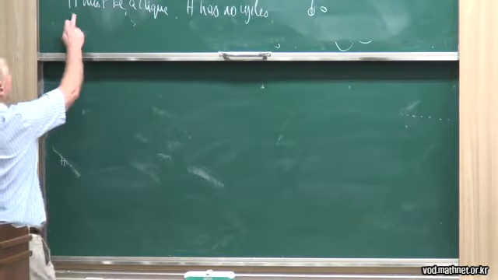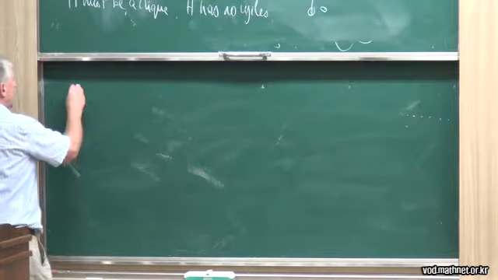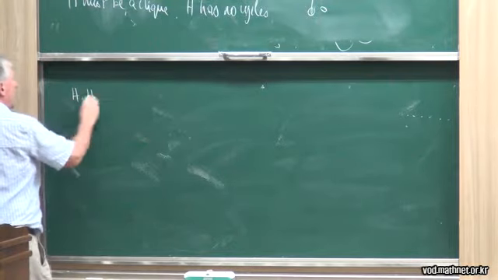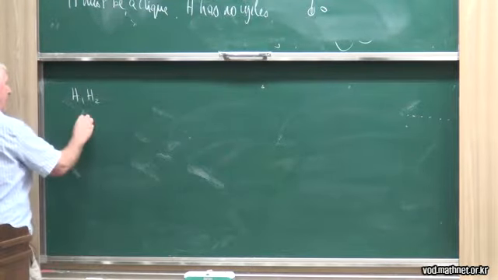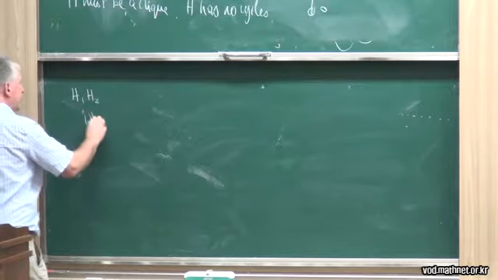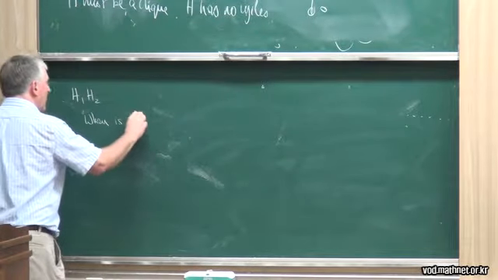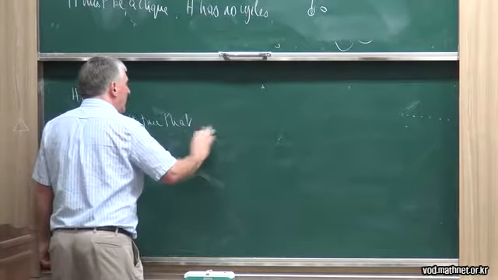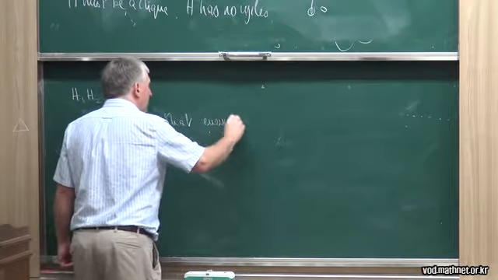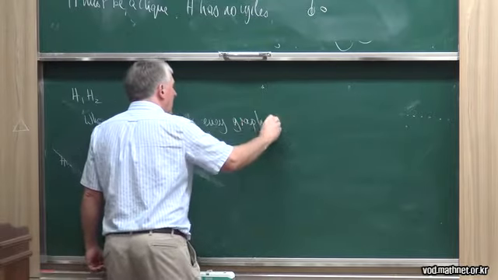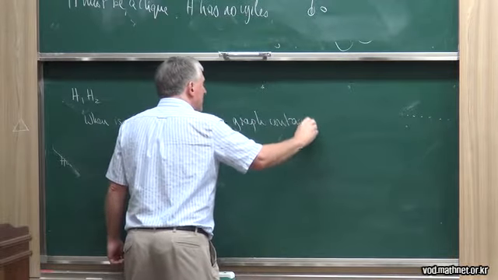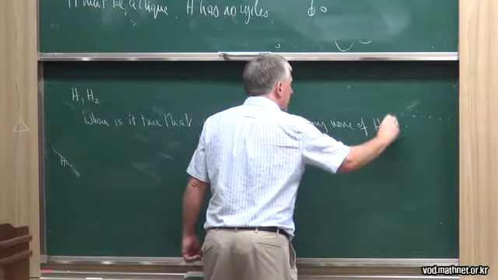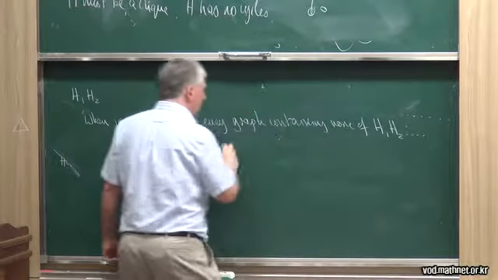Instead of excluding one graph, let's exclude a list of graphs. So let's take a list. When is it true that every graph containing none of this list has bounded chi?